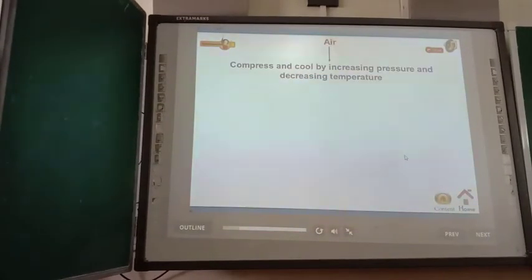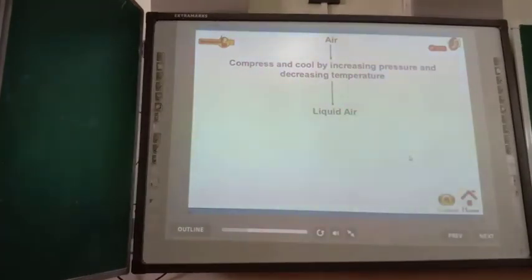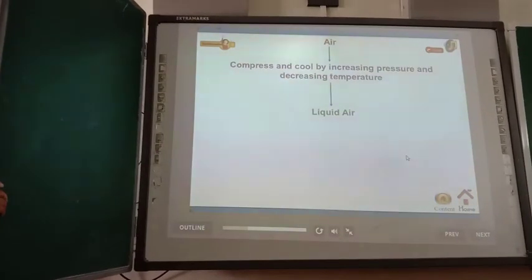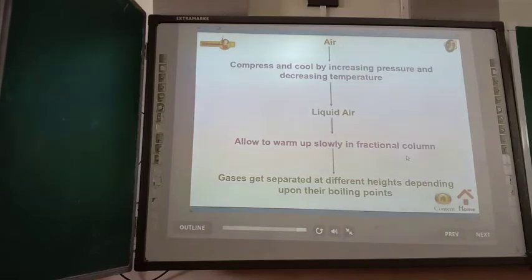Air is compressed and cooled by increasing pressure and decreasing temperature. In this manner, liquid air is obtained. The liquid air is fed into a tall fractional distillation column from near its bottom, and gases are separated at different heights depending upon their boiling point.